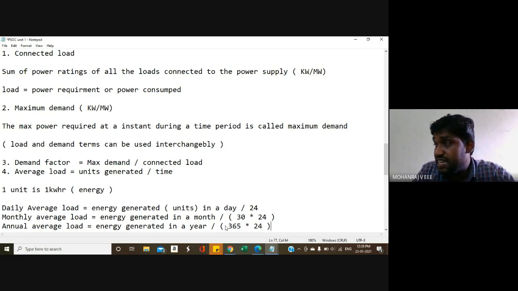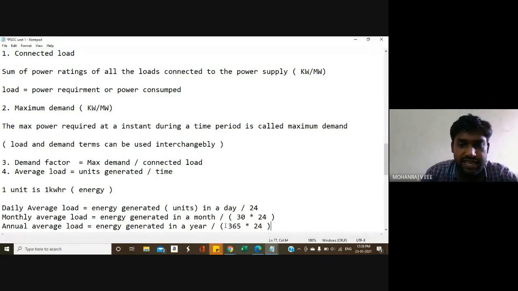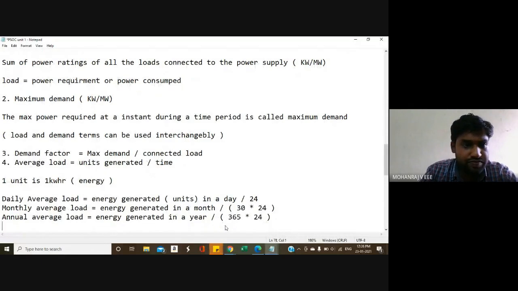We have 365 days in a year, and in each and every day we have 24 hours. So we know how to calculate daily average load, monthly average load, even our annual average load. That is given by energy generated in a year by 365 into 24. Then we will discuss the next term.